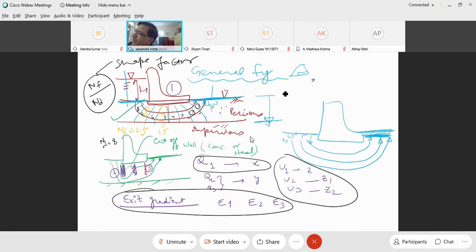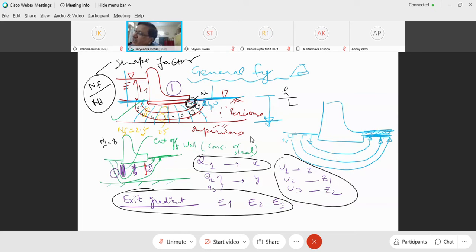H upon L. For the exit gradient you have to catch this field. The area between the flow lines and equipotential lines is called a field. So this is the field for the last square. For the last square, friends, the center line of this is this small line which I have drawn, this is delta L.